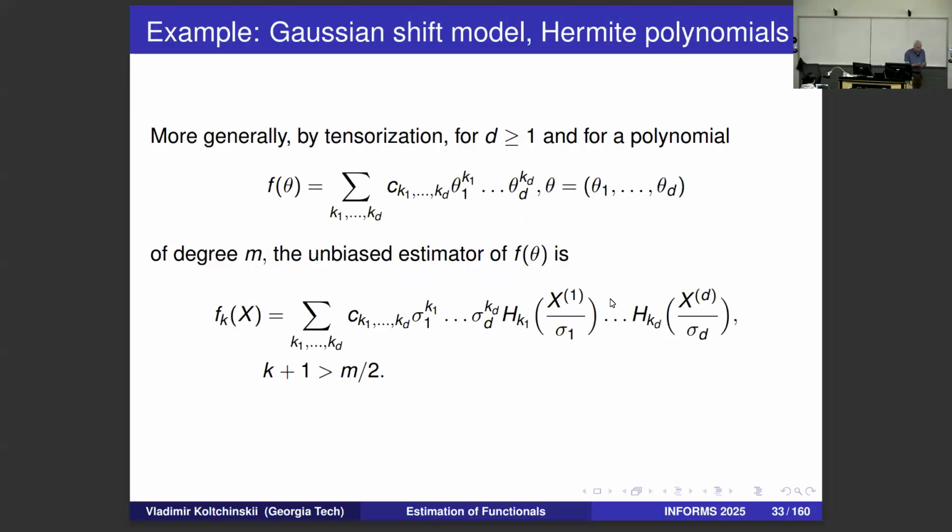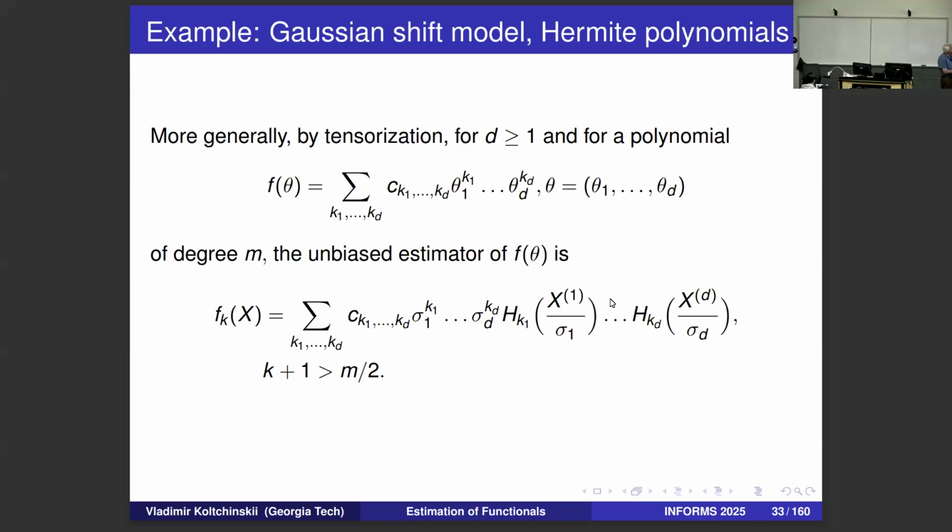Okay, so now using the tensorization property that I discussed, you can easily extend this to the d-dimensional case. In this case, to estimate this f of theta, which is, say, a polynomial of degree m, you need to use f^k x for k plus 1 bigger than m over 2.